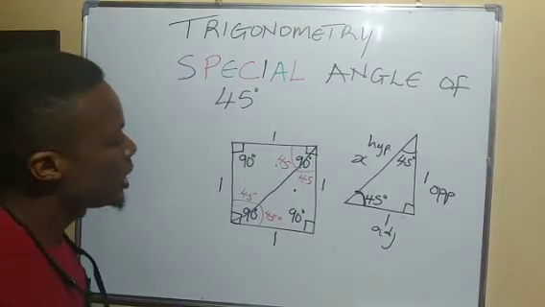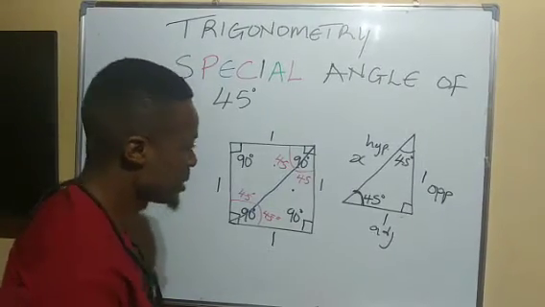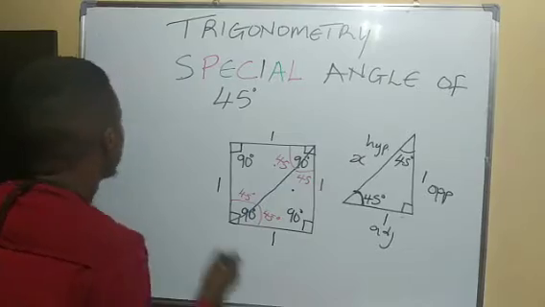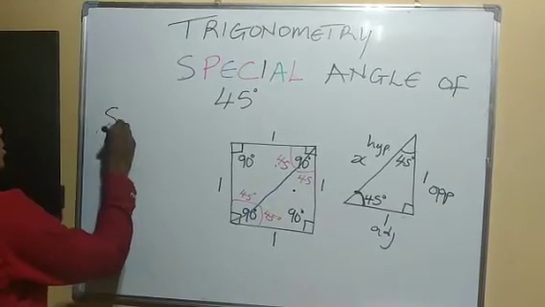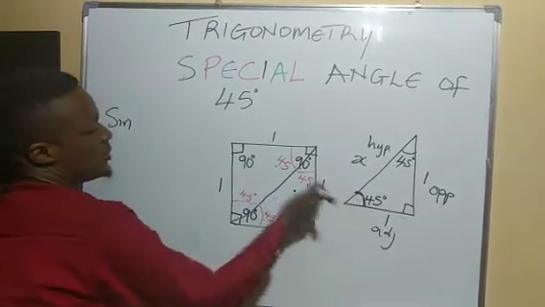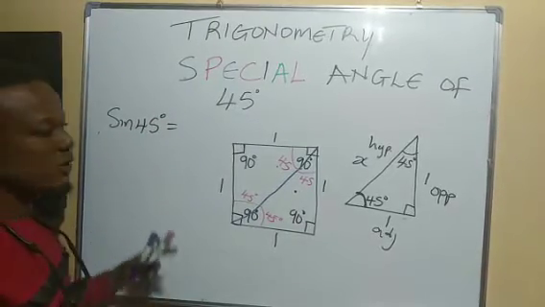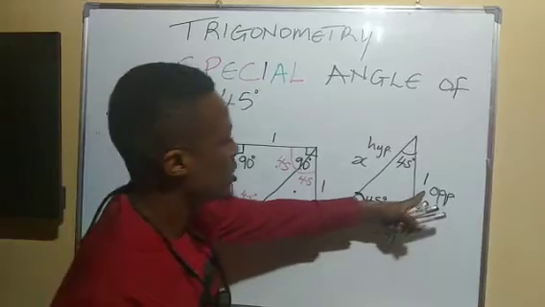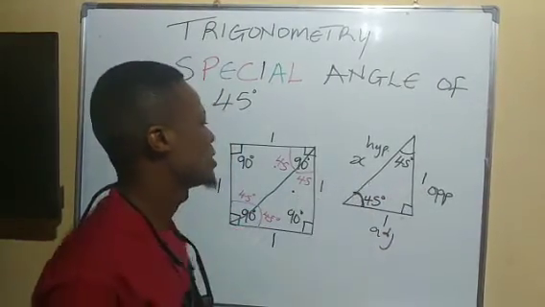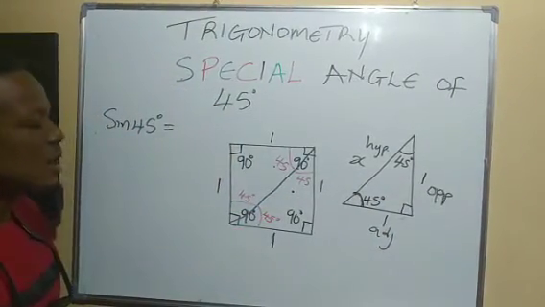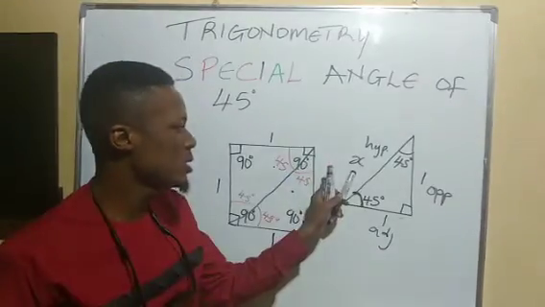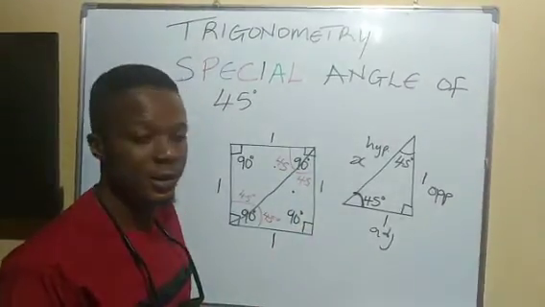Then from your SOH CAH TOA, remember that sine theta, but our theta is 45 degrees, so I can write sine 45 degrees is opposite over hypotenuse. Our opposite is 1, hypotenuse is x, so I don't know the value of x. This demands that we employ Pythagoras theorem to get the value of x.